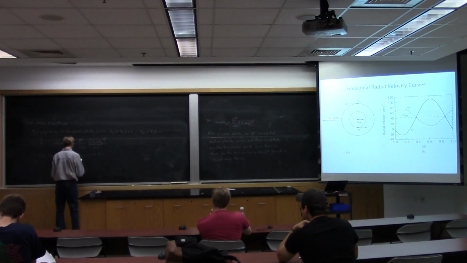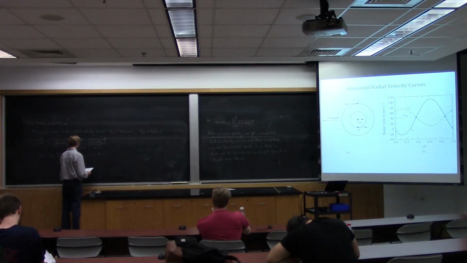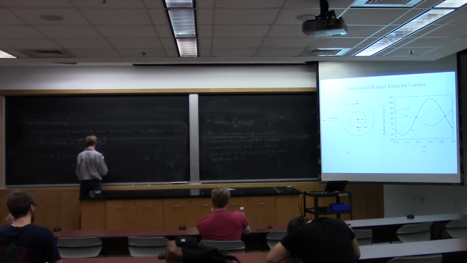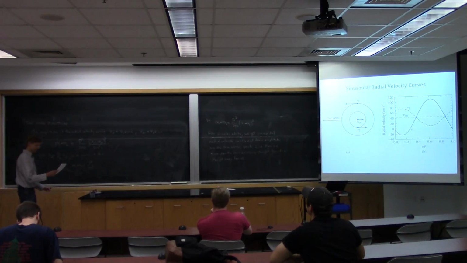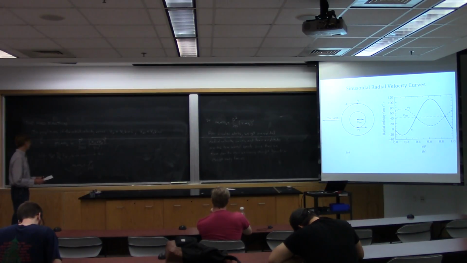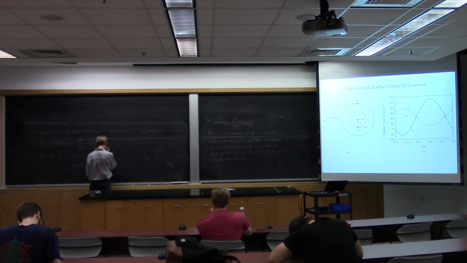So we can rewrite this as m1 plus m2 is equal to P squared over 2 pi G times V1r cubed over sine cubed I times 1 plus m1 over m2 cubed. I was really convinced it was P when I wrote these notes. It is P squared at some point.